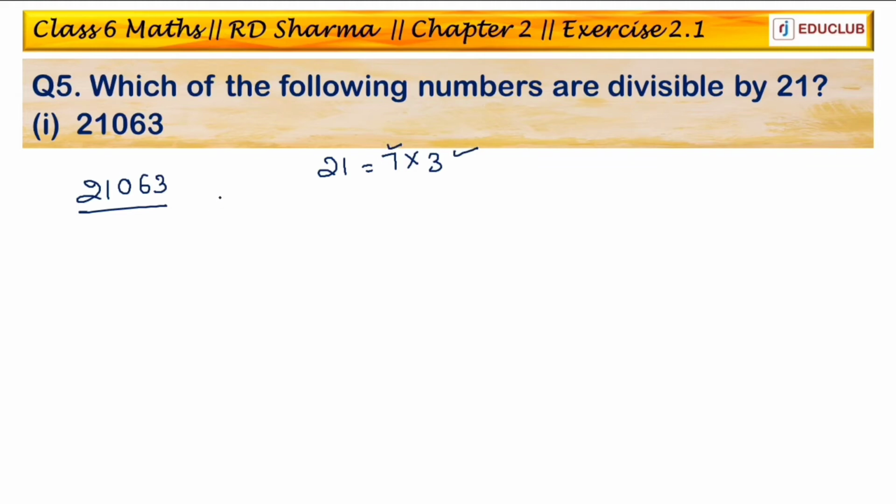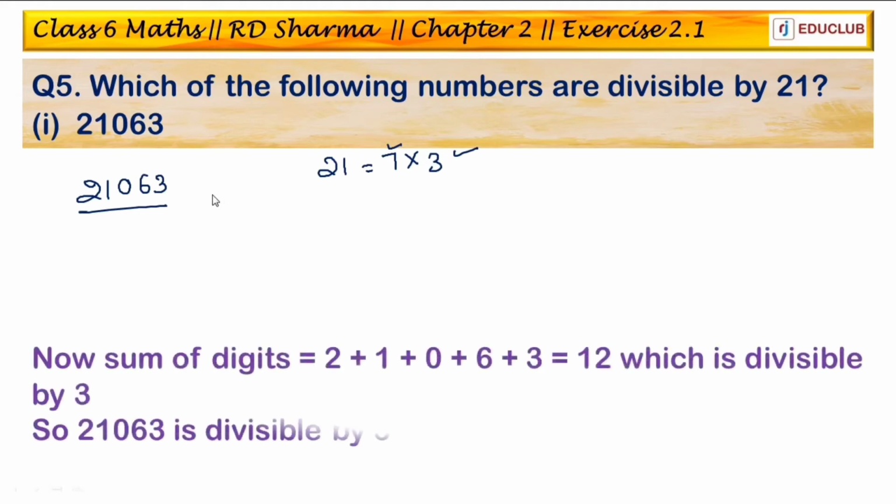Now let us check it. Let us see the sum of the digits: 2 plus 1 plus 0 plus 6 plus 3 is 12, and we know 12 is divisible by 3, so we can say 21063 is divisible by 3. Now let us check whether it is divisible by 7 or not.